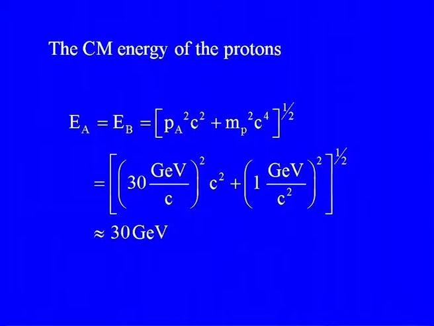Now it will be, of course, the same. The center of mass energies of both these protons can be found by taking P_A squared c squared plus m_p squared c to the power 4, and then taking the whole thing to the power half. So P_A squared c squared is 30 squared, that's 900.